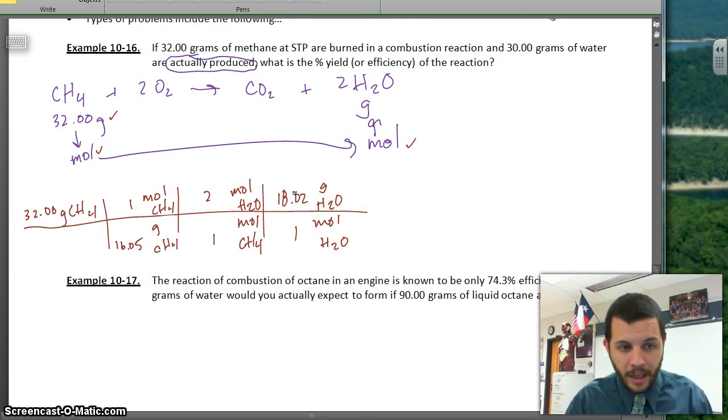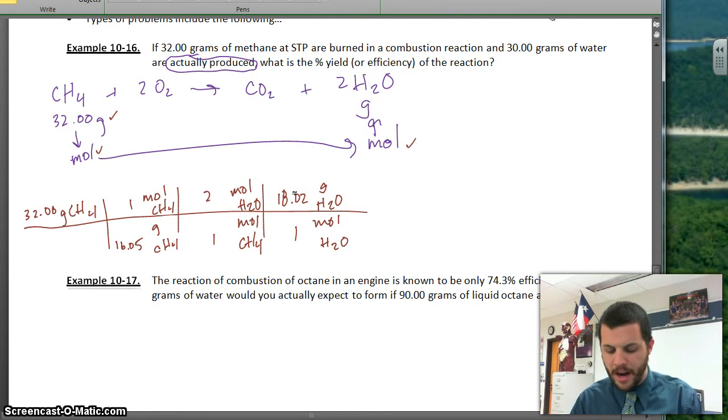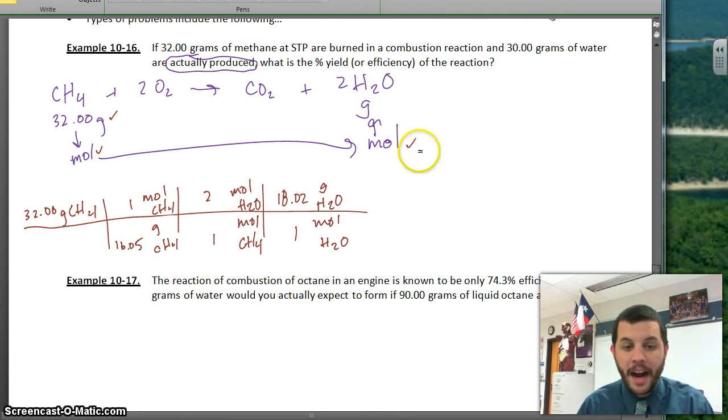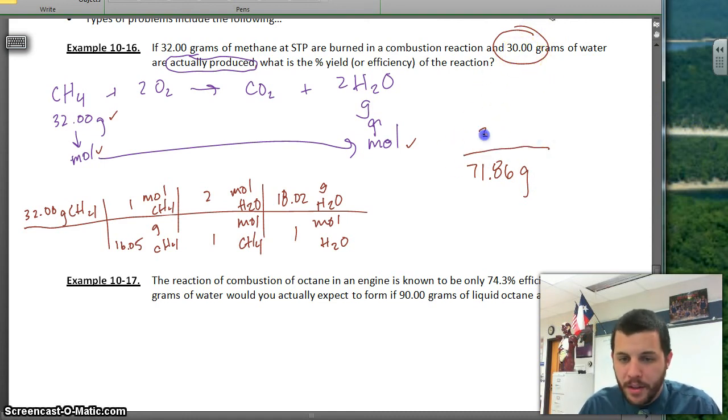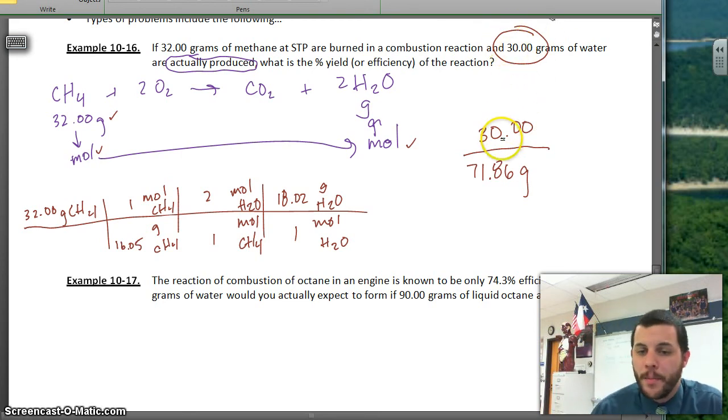So theoretically, I should get, and I use that word theoretically because I'm calculating my theoretical yield, 32 times 2 times 18.02 divided by 16.05. My theoretical yield is 71.86 grams. Now this is where I'm going to go back and use my 30 grams. 30 grams of water actually was produced, so that's going to be my actual yield. 71.86 is my theoretical yield.